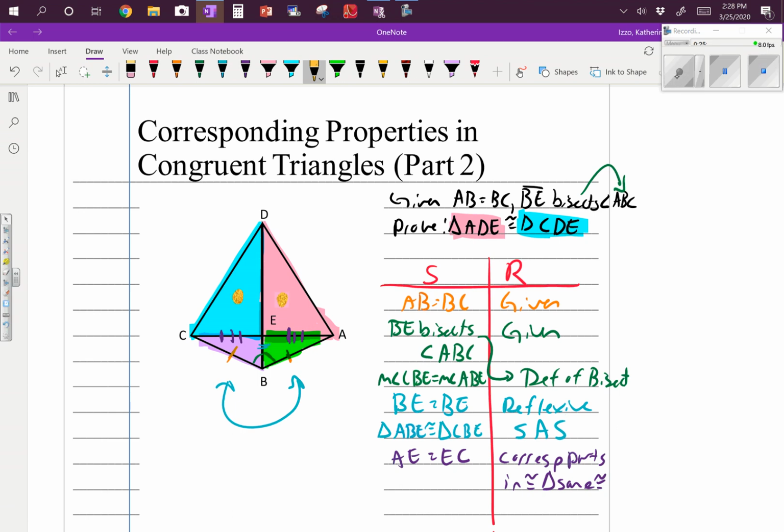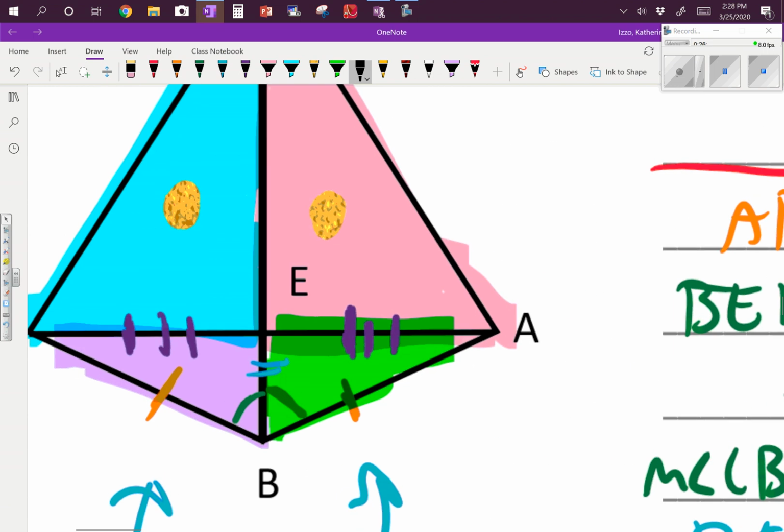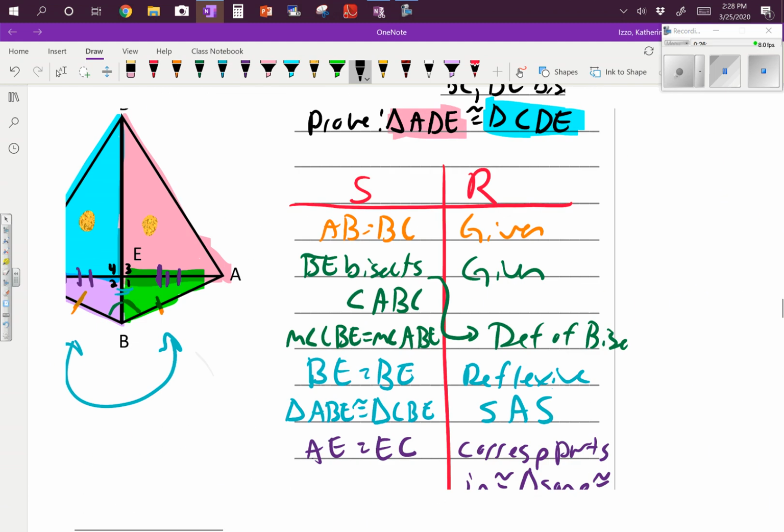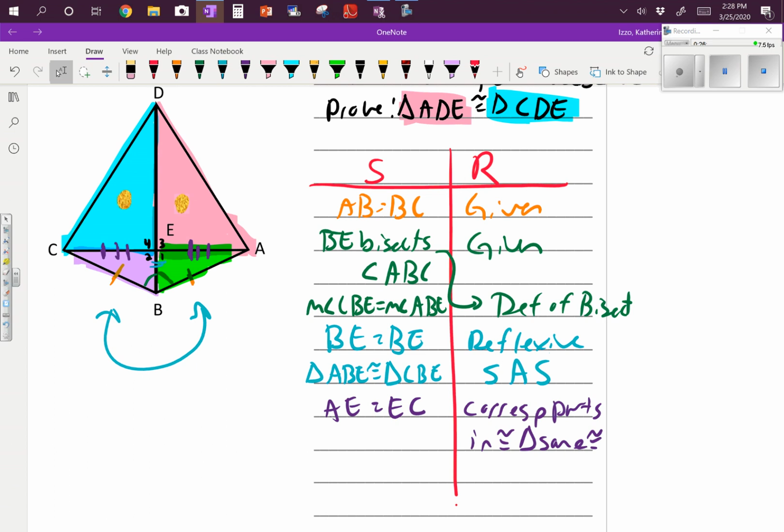Do we have anything else? Not really. But if we take a look, we've got this angle right in here. Let's take a look at E. This angle and this angle, 1 and 2, we have because they're in the pink and the purple triangles. Using angle 1 and 2, we might be able to get this angle and that angle, which means it's linear pair time.